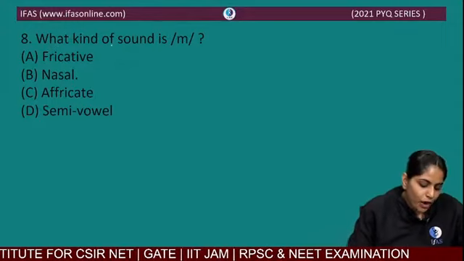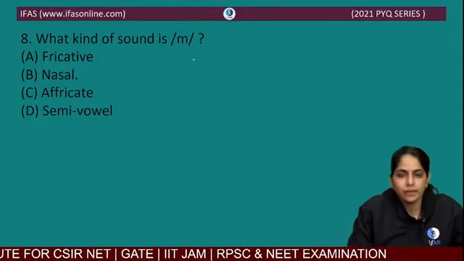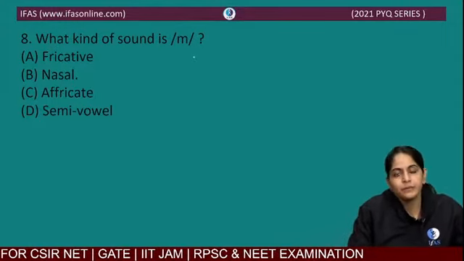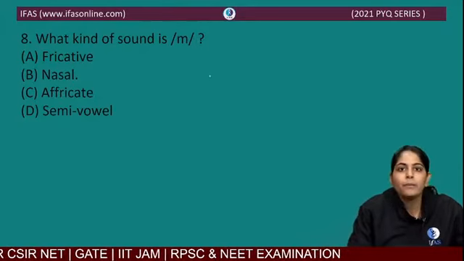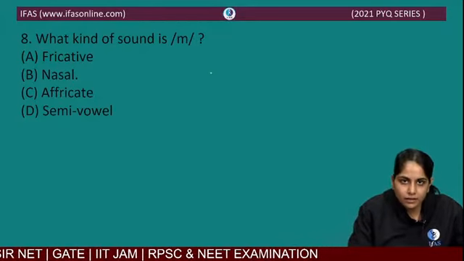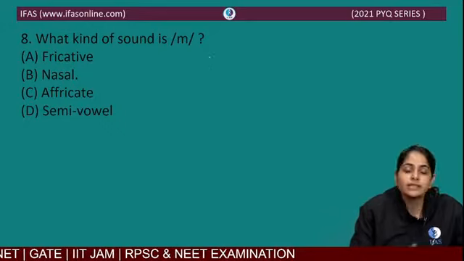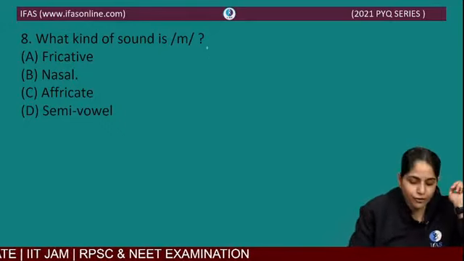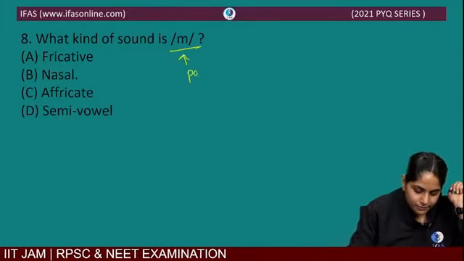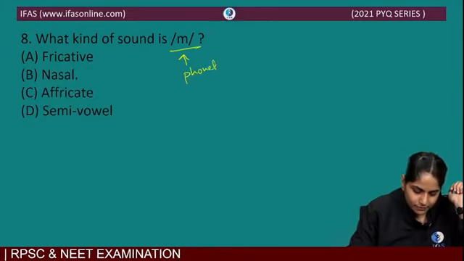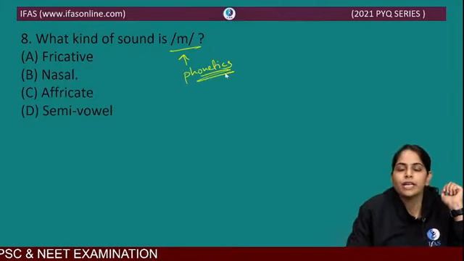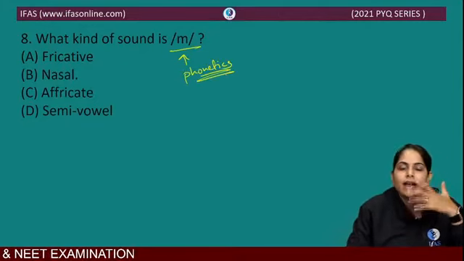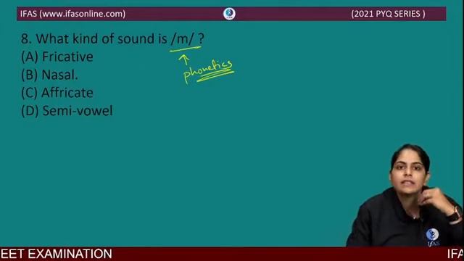Now, what kind of sound is m? Okay, this is m, right? For example, mother, m, right? Means the sound is coming from, so for example, if you have studied this, you will study this in phonetics. So in phonetics, you will study all the letters, from where these letters are being pronounced.